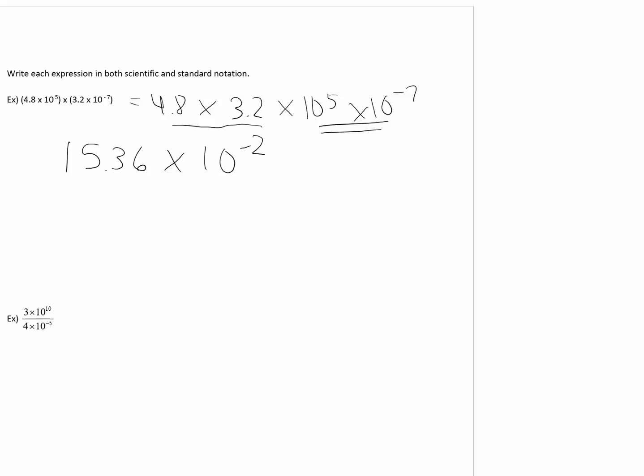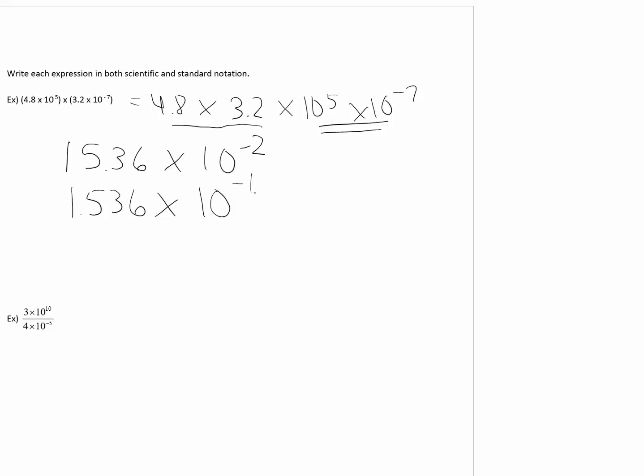So notice right now this number is not in scientific notation. This number is too big. So I need to move the decimal place over 1 to the left. So when I make this smaller, I need to make this bigger. So how many decimal places did I move it? I moved it 1 to the left. So I'm going to add 1 to the exponent, and that's going to be 10 to the negative first.